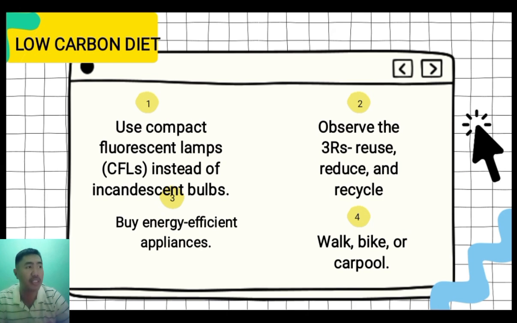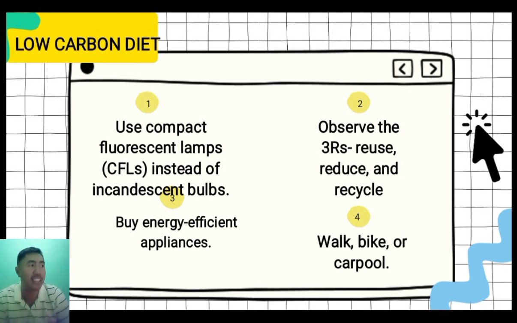It's because fluorescent bulbs consume less energy, so therefore the fluorescent bulbs or lamps produce low heat to the environment.